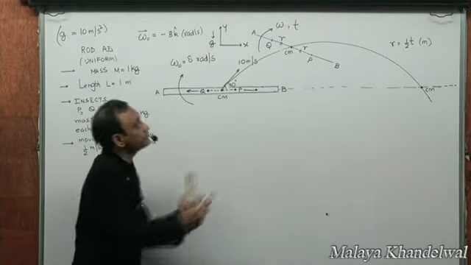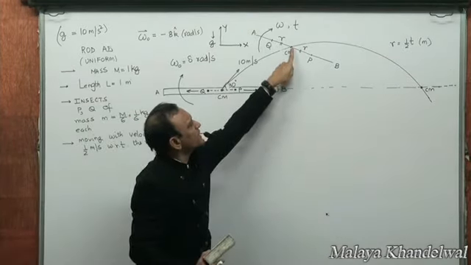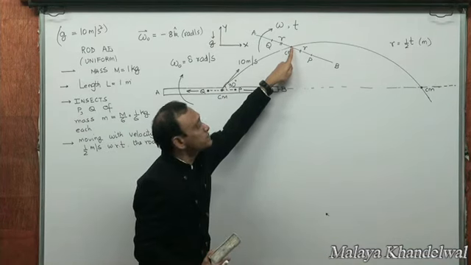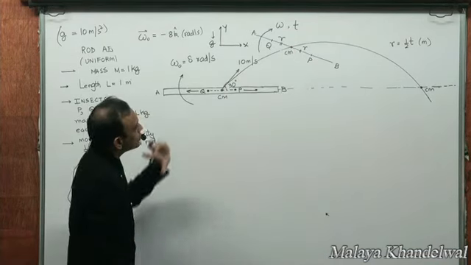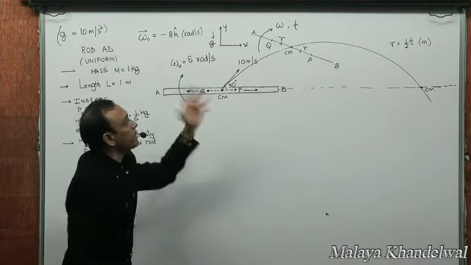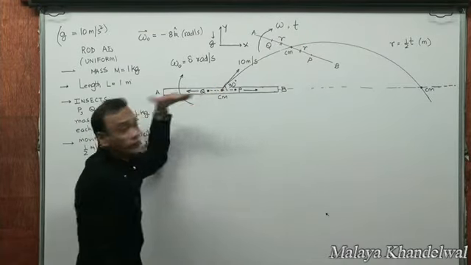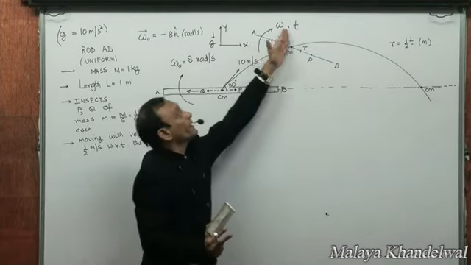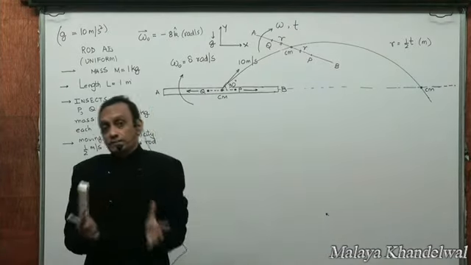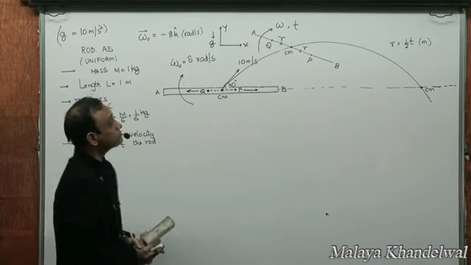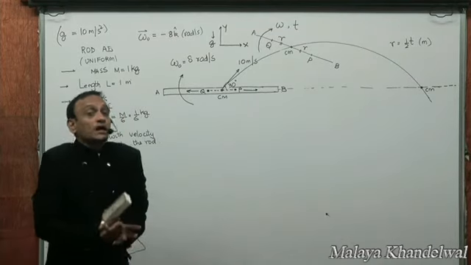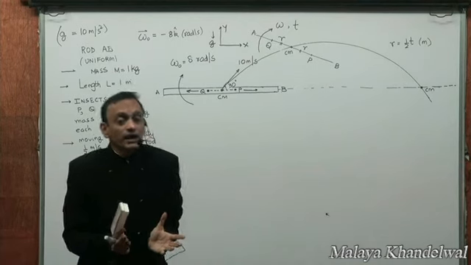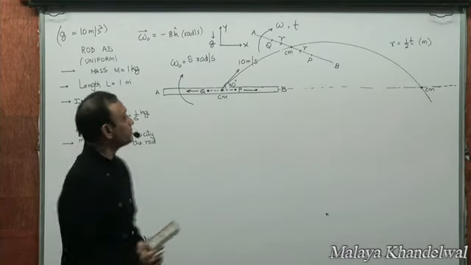After a while, the center of mass, let's say t seconds later, when it acquires this position, the rod would have tilted by a certain amount with respect to the horizontal. And its angular velocity would have become omega at an instant of time t. Right? Let's figure out what this omega would be as a function of time. Right?